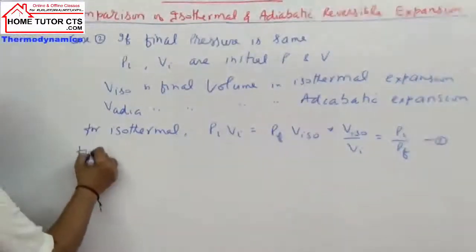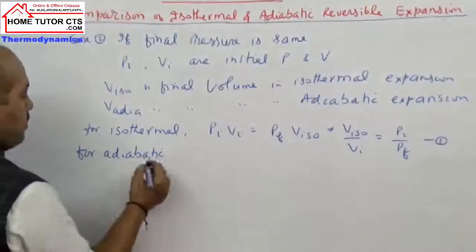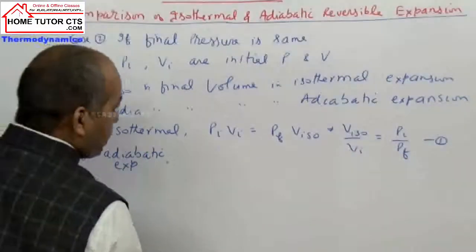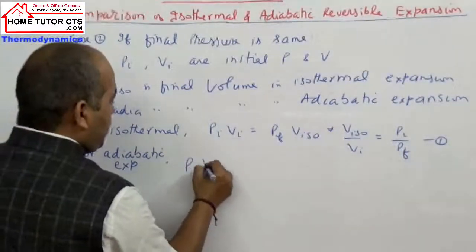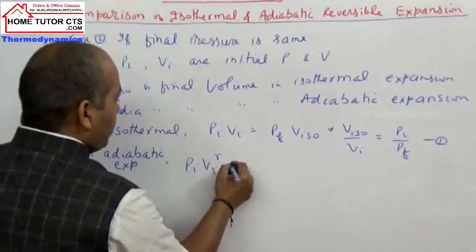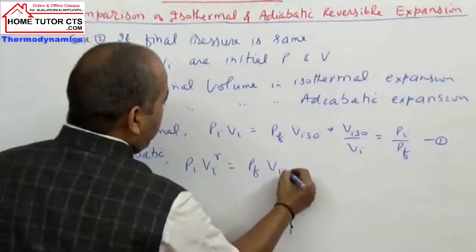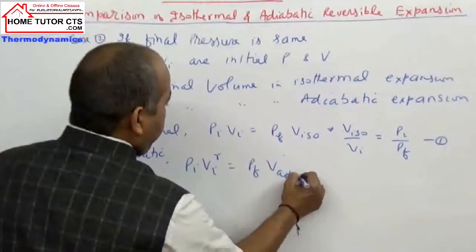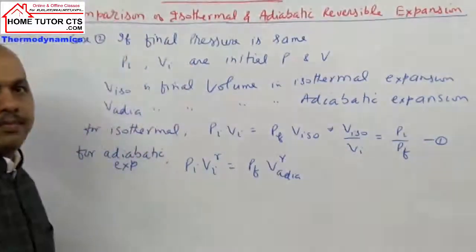Similarly, for adiabatic expansion, what expression can I write here? P initial V initial power gamma is equal to P final V adia power gamma.